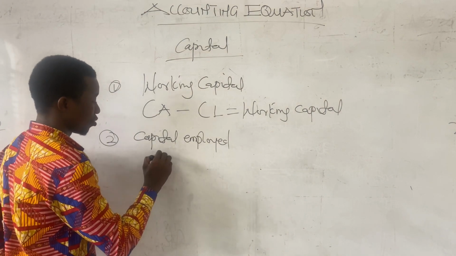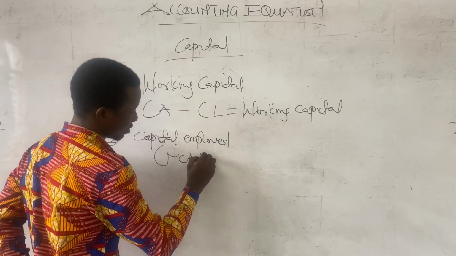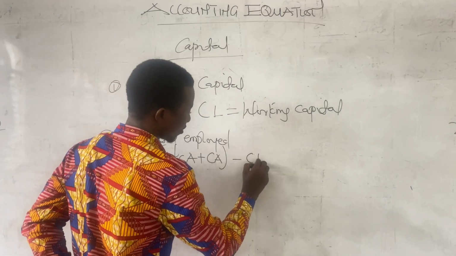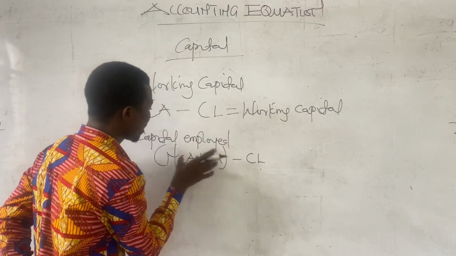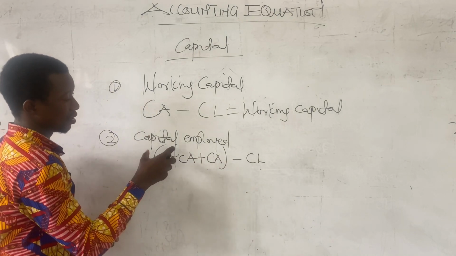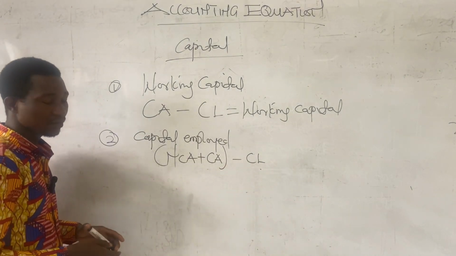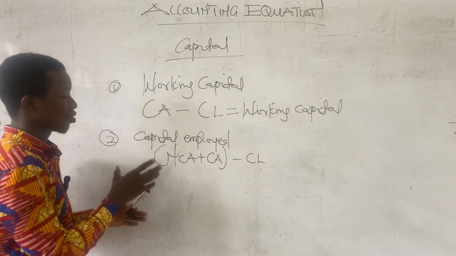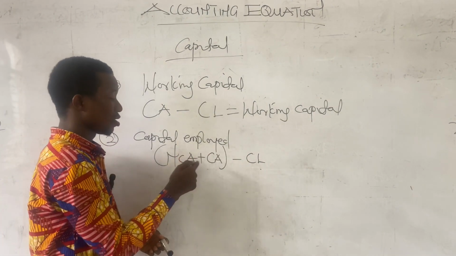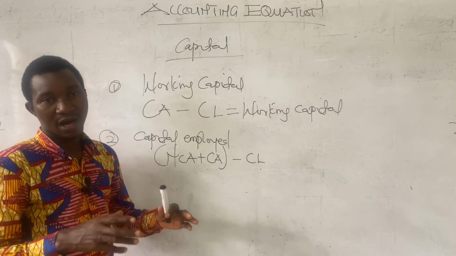So when we have the non-current assets plus the current assets, we add them together, then we subtract our current liabilities. The answer is the capital employed. So we can say that the excess of the total assets of the business over its current liabilities is what we call capital employed. By this time, I expect you to know what a current liability is, what a current asset is, what a non-current asset is.